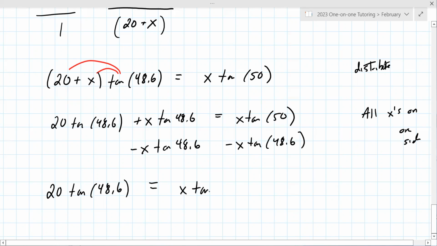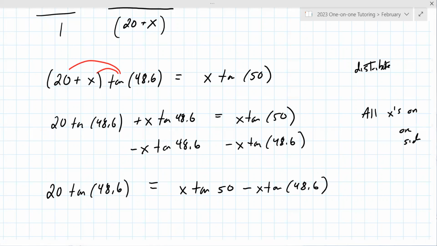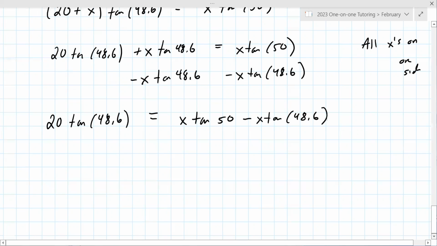So the positive one comes first, x tangent 50 minus x tangent 48.6. And because they both have an x in them, you're going to factor the x out.